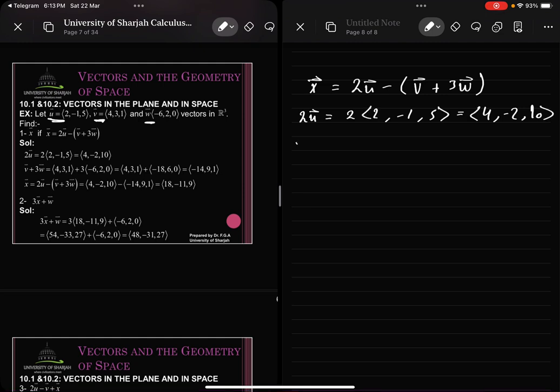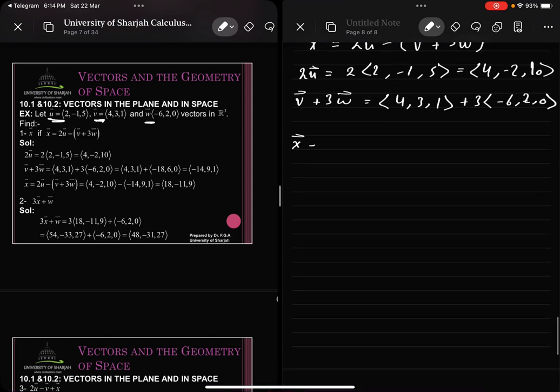And vector v plus 3w is vector v, (4, 3, 1), plus 3 multiplied by vector w, (negative 6, 2, 0).